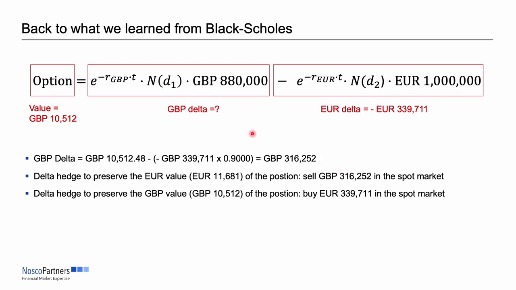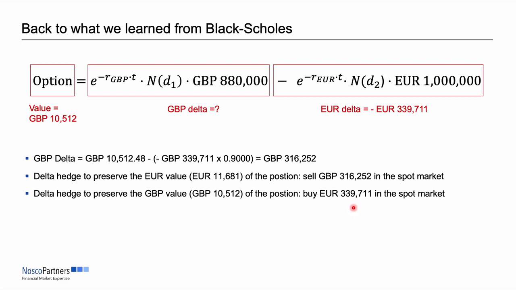On the other hand, if you're an FX trader in London and say your book would have a P&L in pounds, then the euro delta is your risk, and you would hedge by buying 339,711 euros in the spot market.